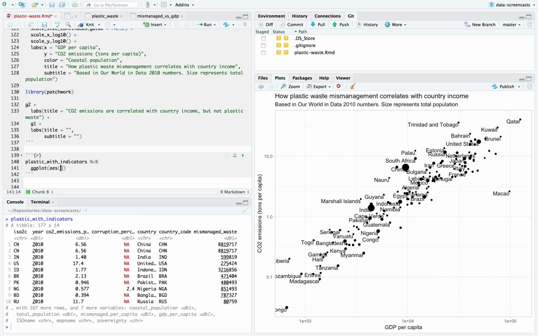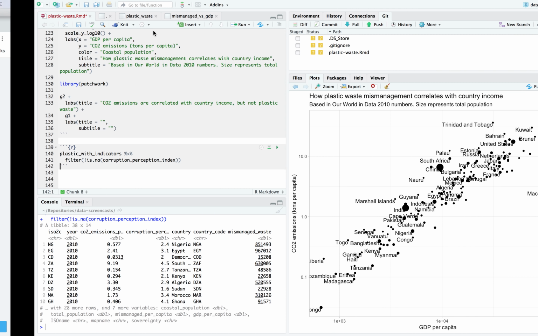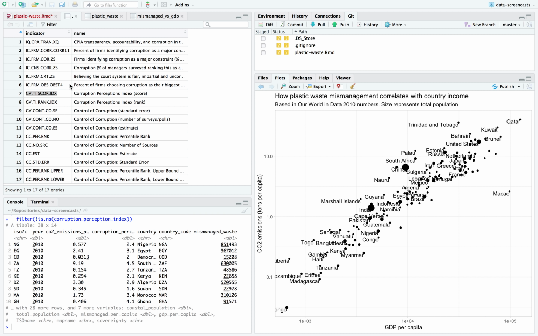First of all, how many countries do we have a corruption perception index for? Only 38. That's not enough. I wonder what other metrics we might be able to use. Let's see. Try this one.